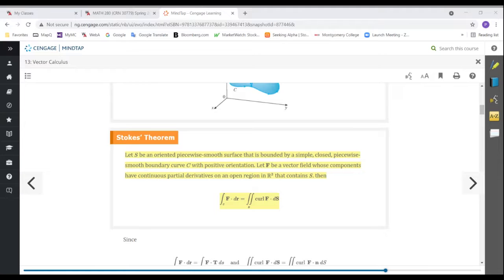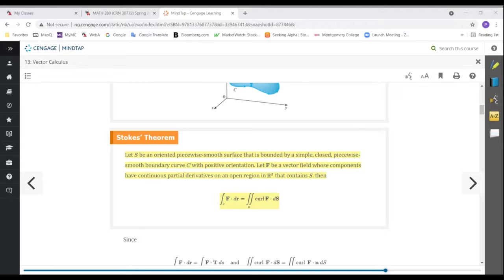The curl of F dot dS vector. I mean, you're computing what on the right? Ah, good, Robin. You're computing flux. So everything you learned about computing flux from section 13.6 applies here in Stokes' theorem, except that your vector field is going to be the curl of your vector field. That's the vector field that you're going to be working with.